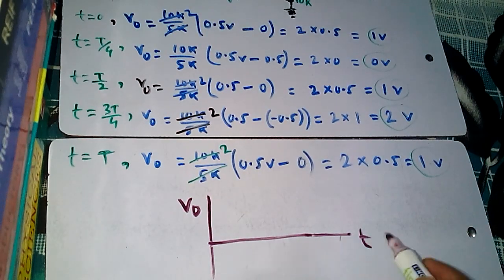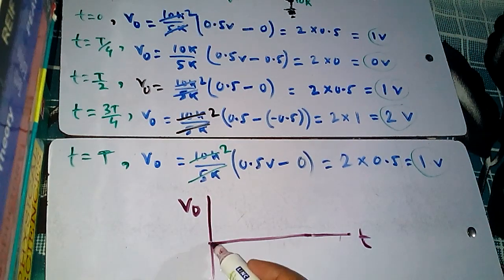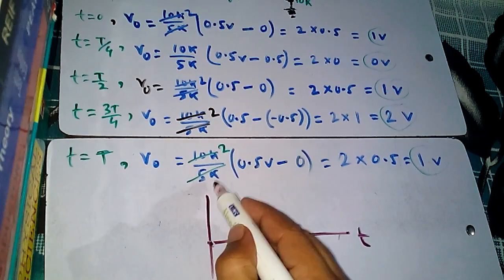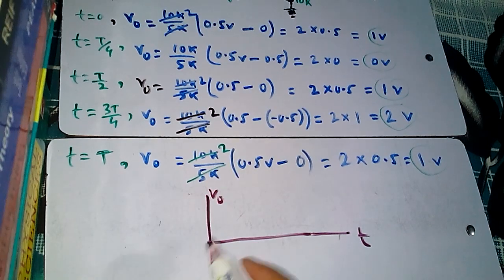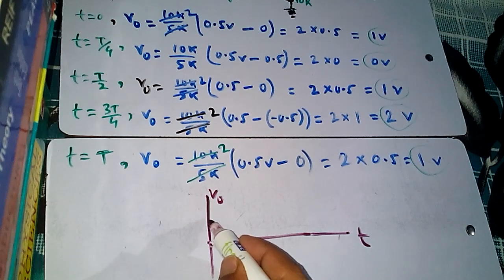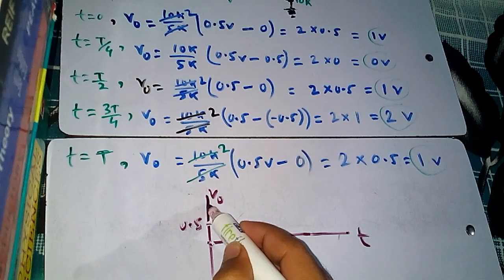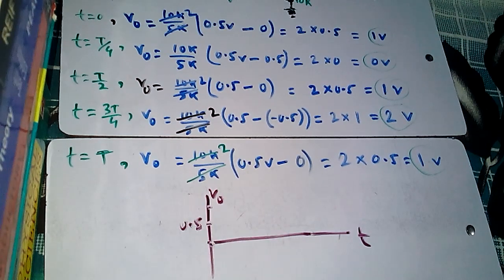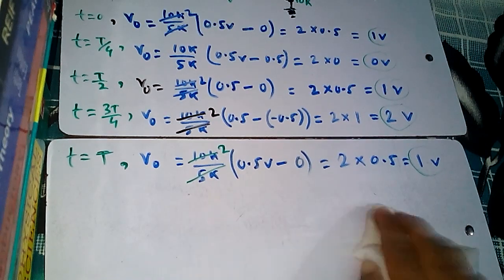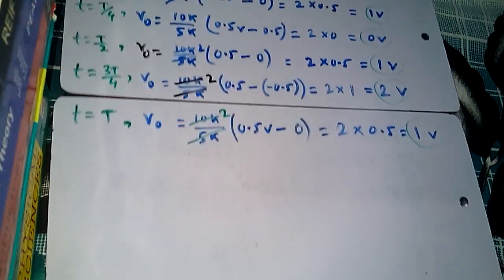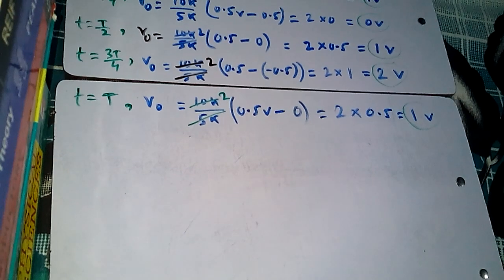Now if this is time, this is t equal to 0, and let's give it this point 0.5, this point 1. Okay, I have to take a larger scale, otherwise it will not be sufficient.